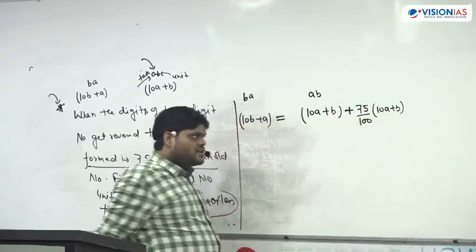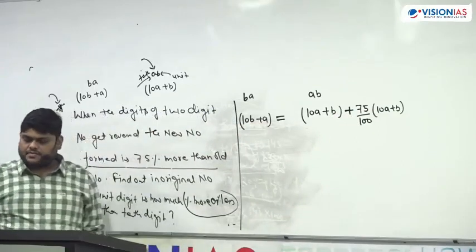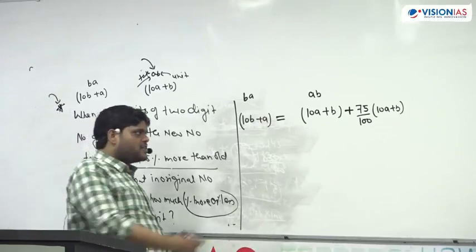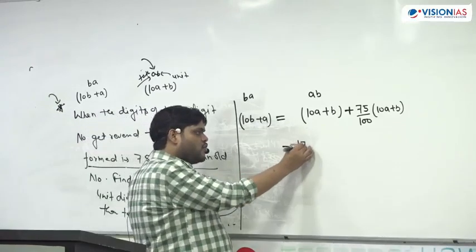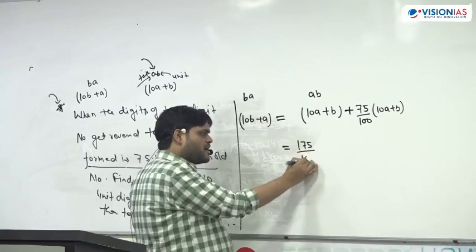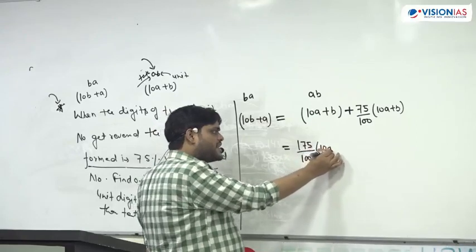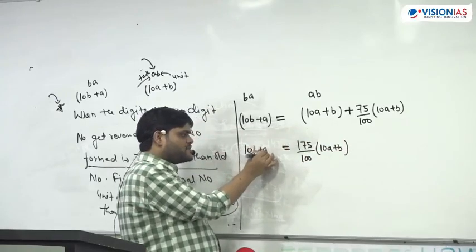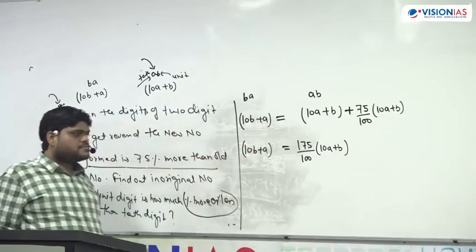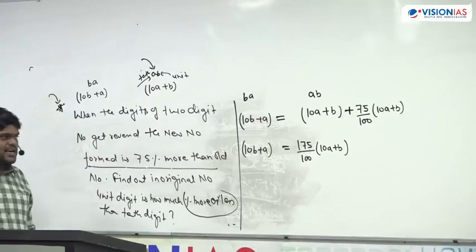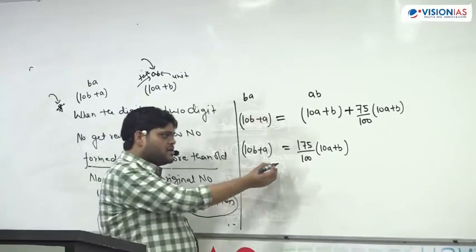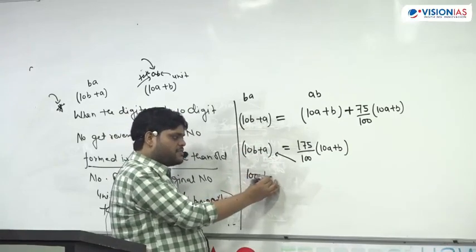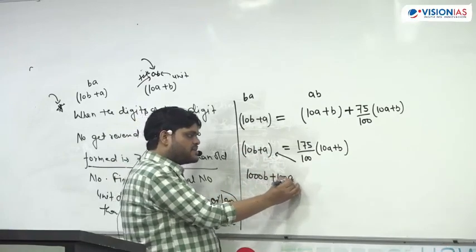If we solve this, it will come as 175 upon 100 times 10A plus B, and that is equal to 10B plus A. Now we will do the cross multiplication. This 100 will come on this side. This becomes 1000B plus 100A.